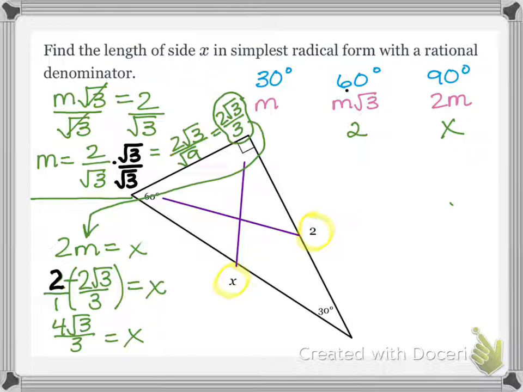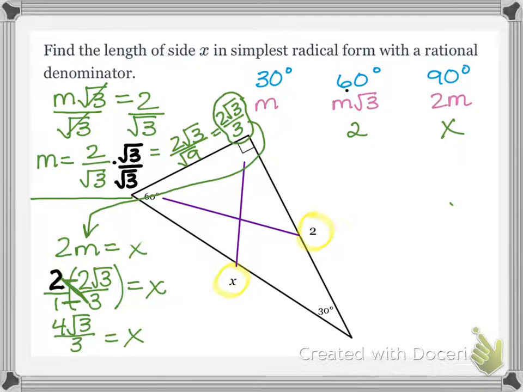So that 2 multiplies with that 2 to get a 4, and 1 times 3 is a 3. So don't take that 2 and multiply it by that 3. You can't do that, okay? All right, so there's your answer, and that's what you would have typed in DeltaMath.